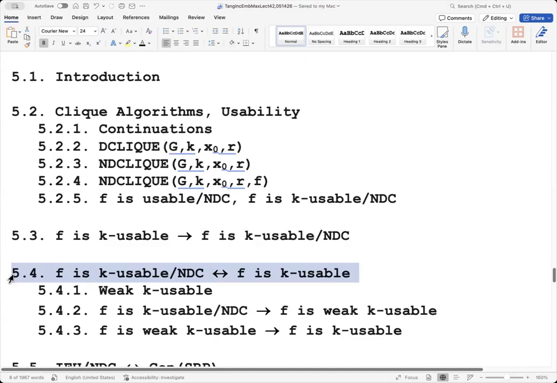What happens is there's a weak kind of K usability that comes up here. That's when the domain is not -1, 1, as it is with K usability. The domain is going to be any substructure of -1, 1 to the K. Well, I think it's one-dimensional. Yeah, any one-dimensional subset of -1, 1.